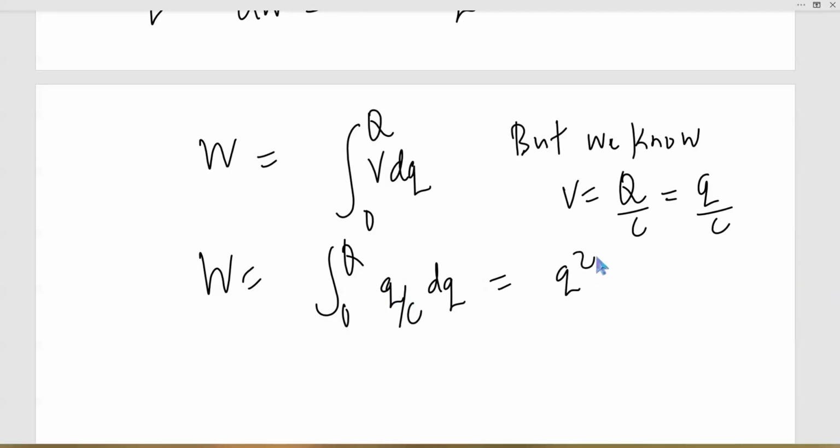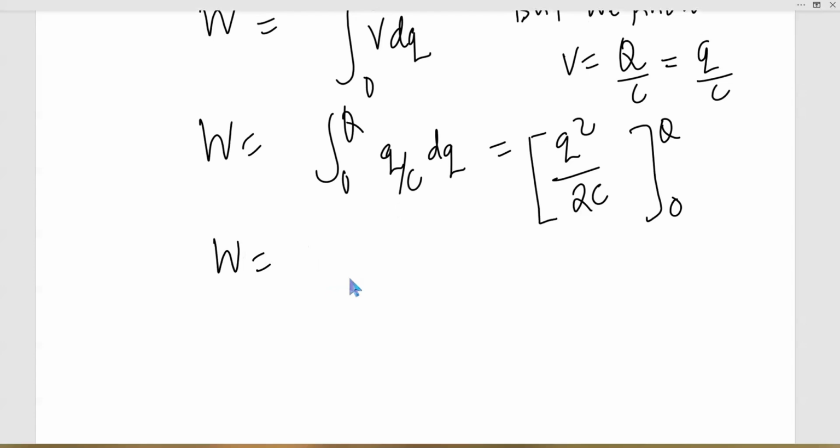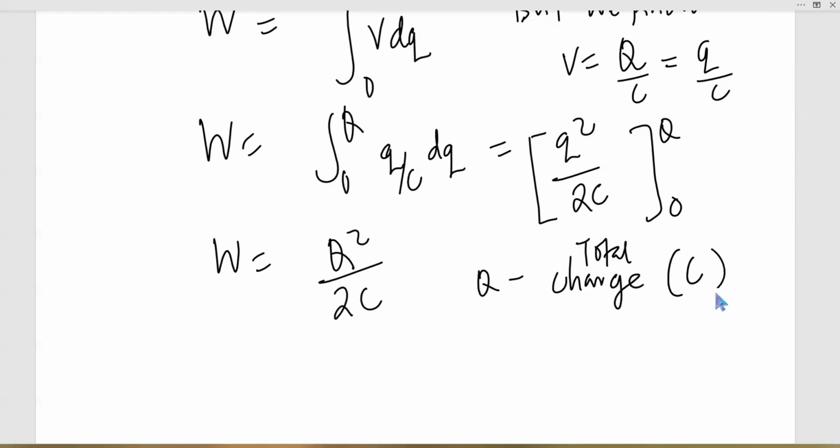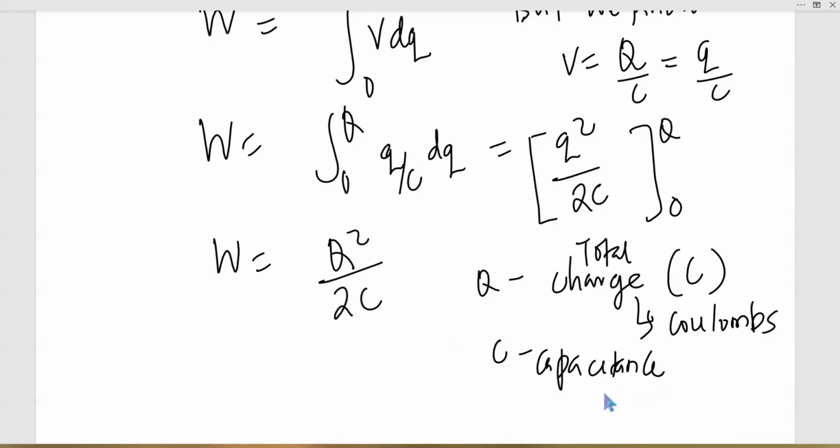So this becomes Q squared divided by 2C, and then we just substitute in the limits. The work done becomes Q squared out of 2C, whereby Q is the total charge in coulombs, and C is the capacitance of the capacitor.